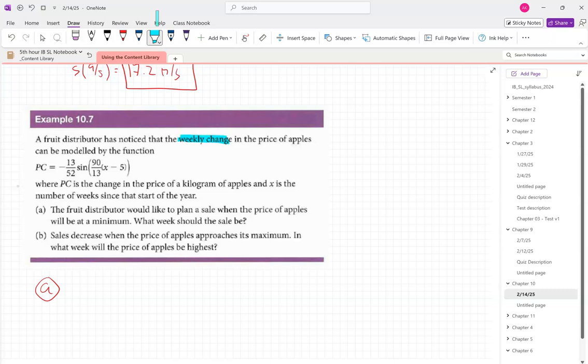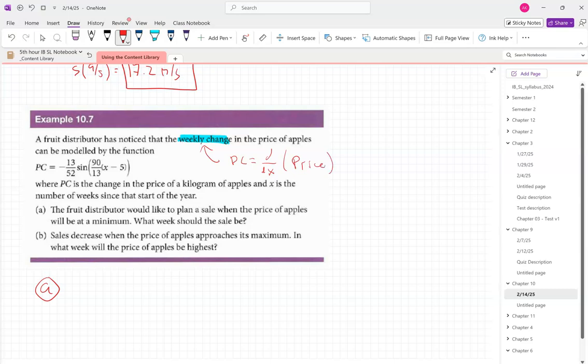It says that PC is the weekly change in the price of apples. What does that mean? So PC is the derivative with respect to x time of some price function.